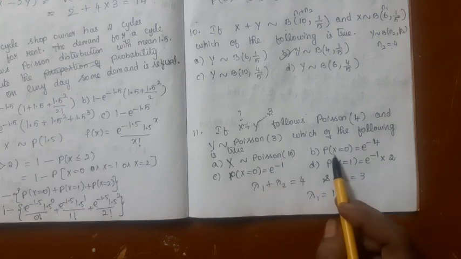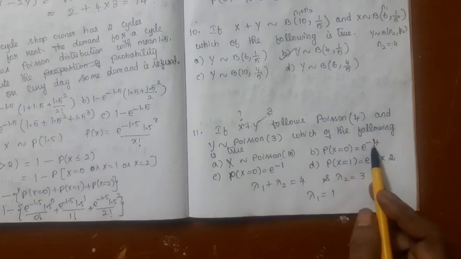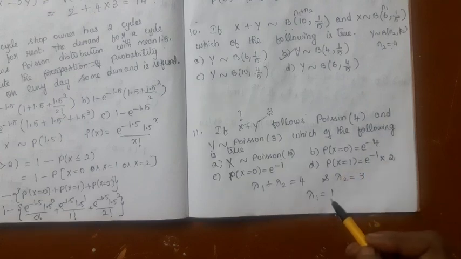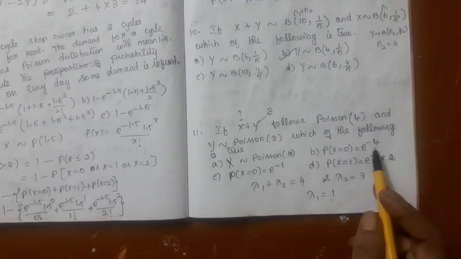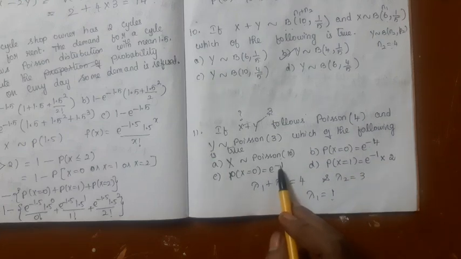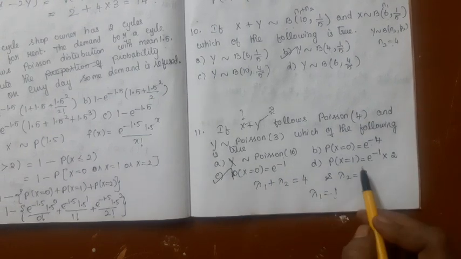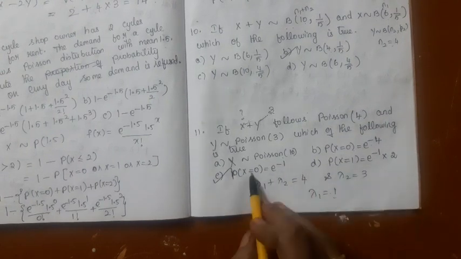No. What about probability of x equal to 0? No. The e power minus lambda is 4 here, but the true value of lambda is 1. So this is not the answer. Probability of x equal to 0 is e power minus lambda 1, 1 power 0 by 0 factorial. This is the right answer. This is not the right answer. Okay. So option C is correct.